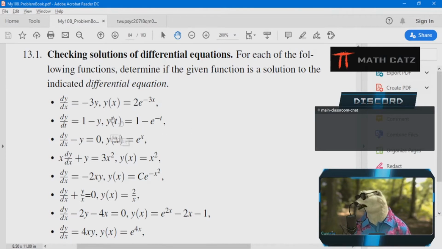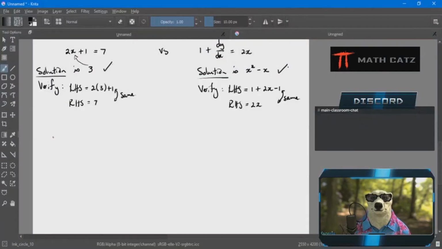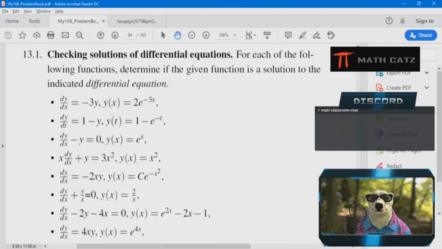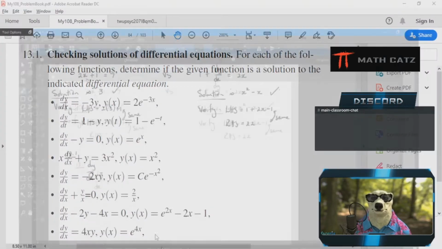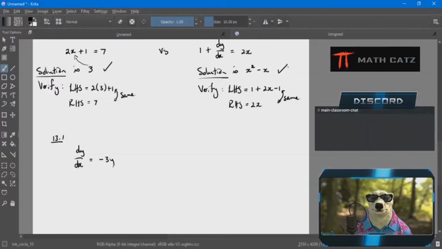So let's just do number 1, for example. Oh, it doesn't have numbers. The first one, the first dot in 13.1. I have a differential equation first. It is dy dx equals negative 3 times y.